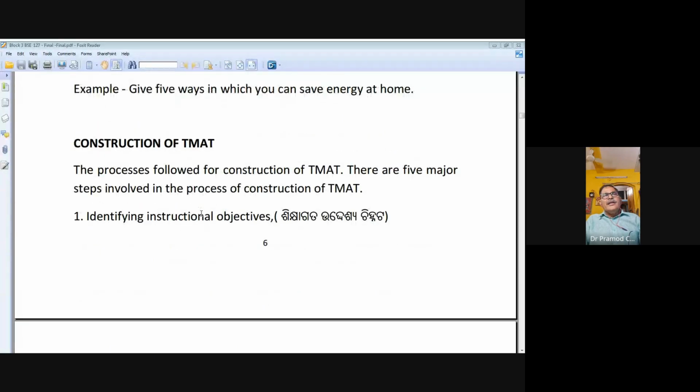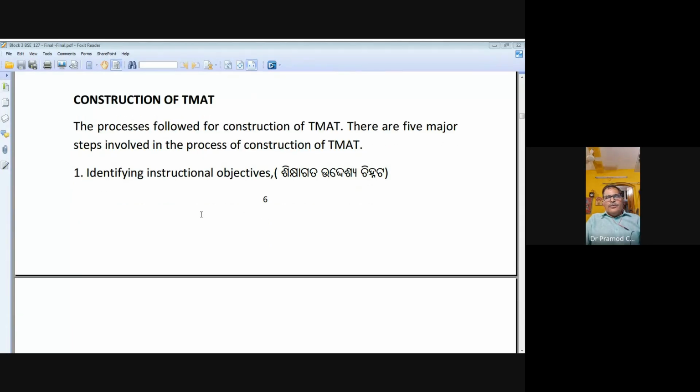But how can we construct the teacher made test? You know that the teacher is going to make and prepare the test, but if the teacher does not follow the principles, then automatically the test will not be valid or reliable.